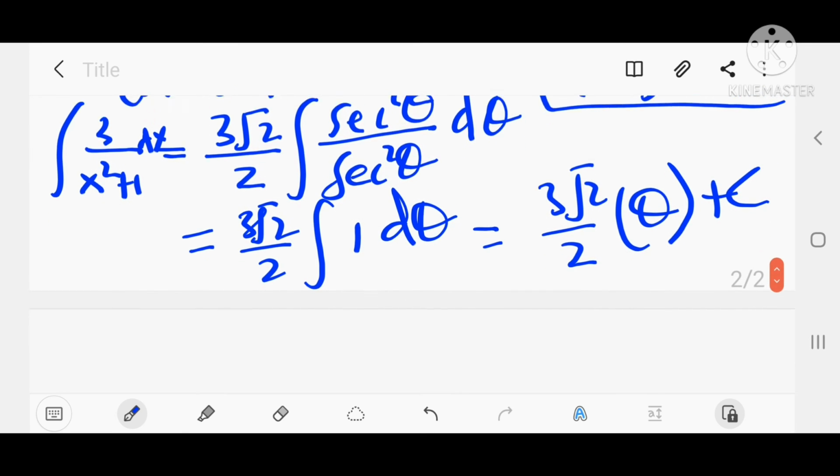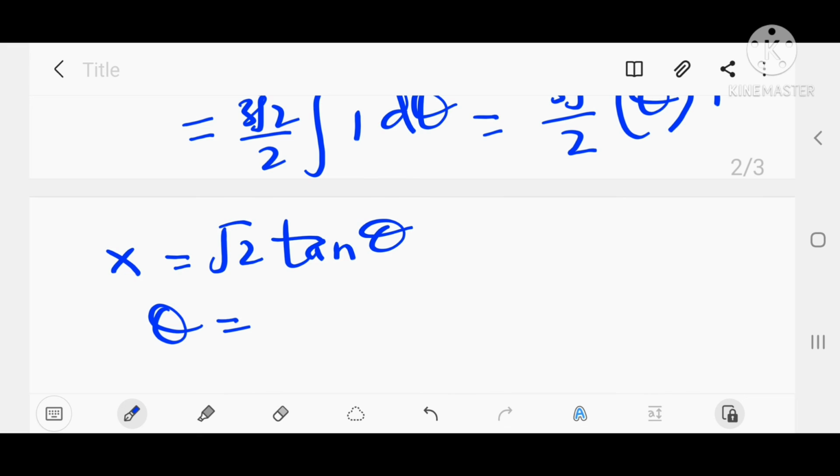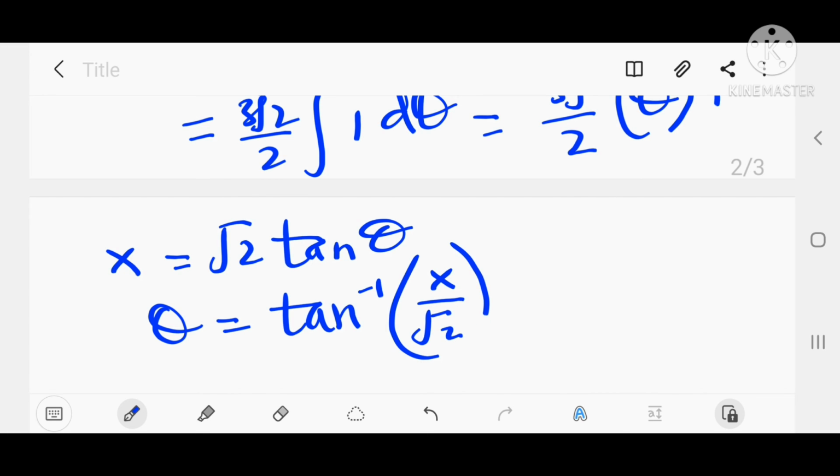But remember that x equals square root 2 tan theta, so we can make theta the subject. Theta will be equal to tan inverse of x on square root 2.